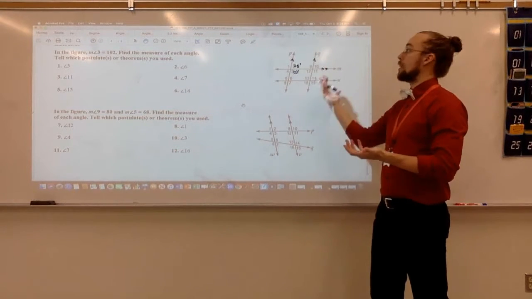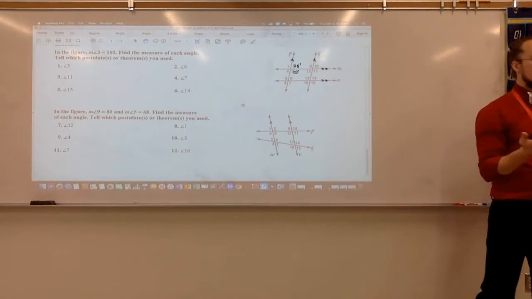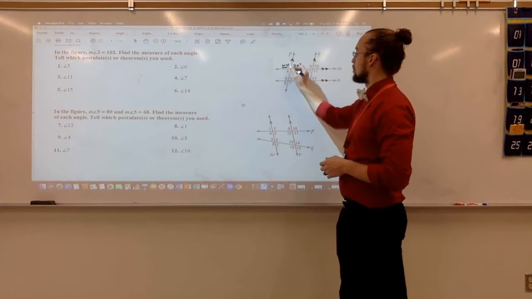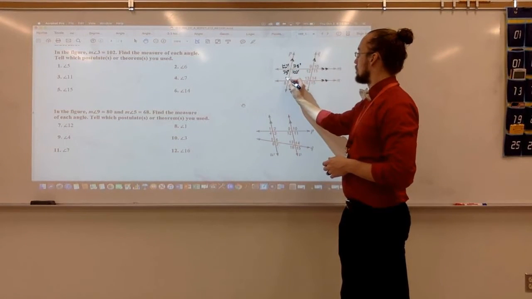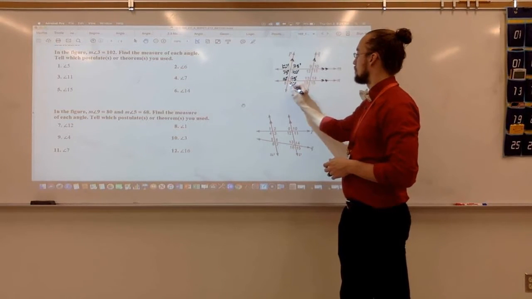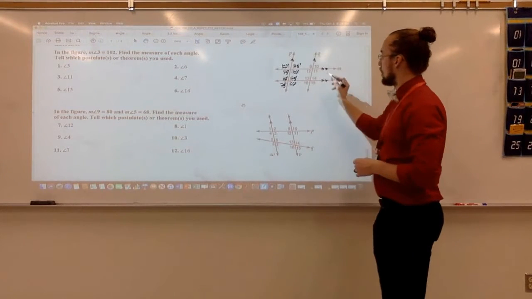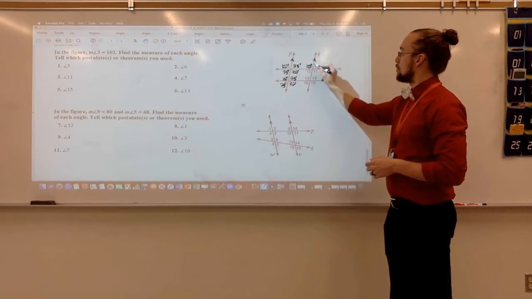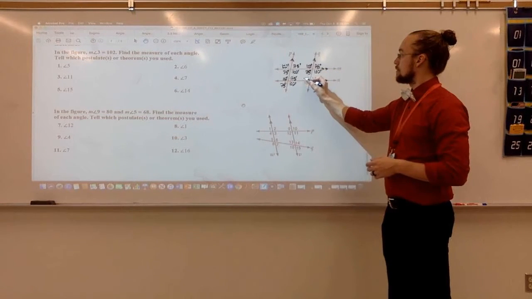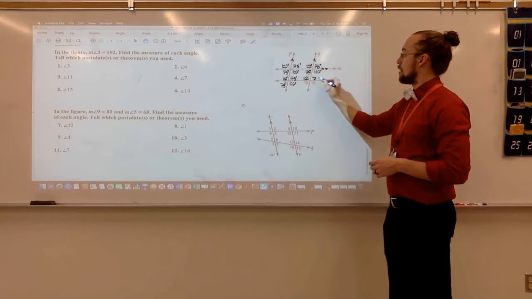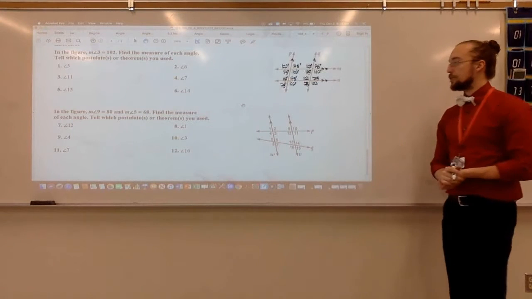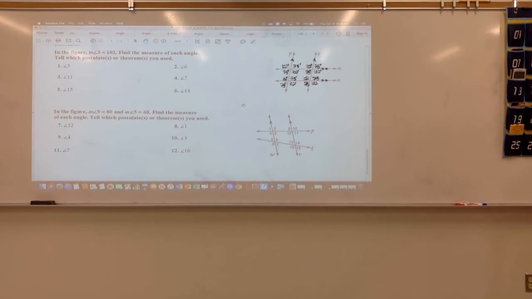And from there, the rest of the angles in this diagram will either be 102 or 78. Then we could go and answer each of the individual questions here.